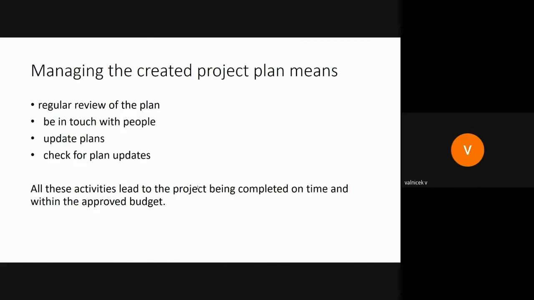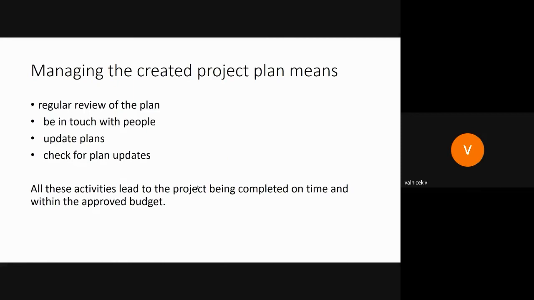So first of all, you need to manage the created project plan. So first tool is the regular review of the plan. Be in touch with people, update the plans, and check the plan updates.